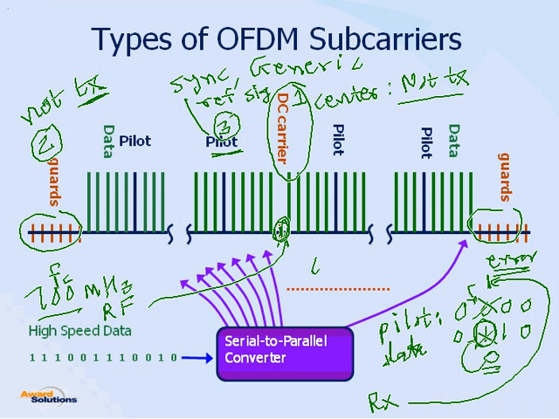This type of approach is called coherent demodulation. Coherent demodulation means that we use some sort of reference signal along with the traffic channel to figure out what bits were transmitted. So pilot acts as a reference signal to facilitate coherent demodulation.